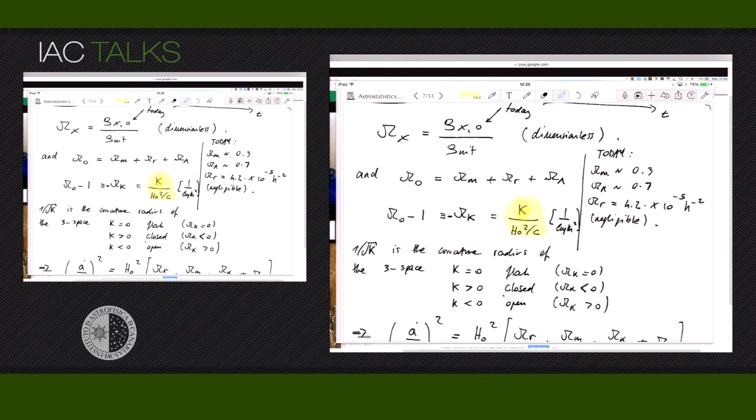So we can associate an energy density to the curvature of space, if there is one, and we call it omega kappa, while omega naught contains all of the other components: omega matter, omega radiation, and omega lambda. And those are the values that we want to know. Omega matter, as I told you before, is about 0.3 today, omega lambda is about 0.7, and omega radiation, because it has been redshifted away as inverse a to the fourth power, is negligible today, of order 10 to the minus 5, so we can forget it in the mix today.